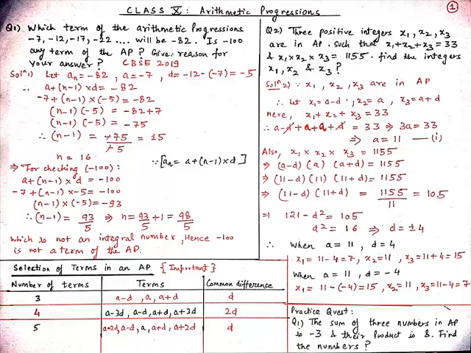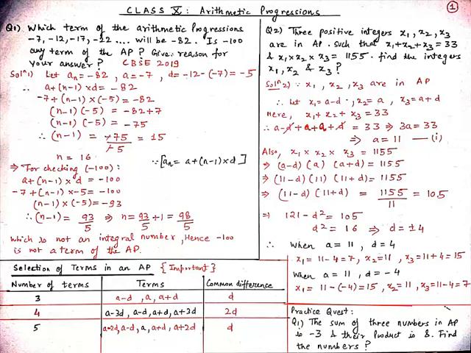And now student, we will study selection of terms in an AP. Students, when the number of terms in our question is odd, that is 3 or 5, then we will make a sequence in which we will take the middle term as a, and after a we will take a plus d, and before a we will take a minus d.